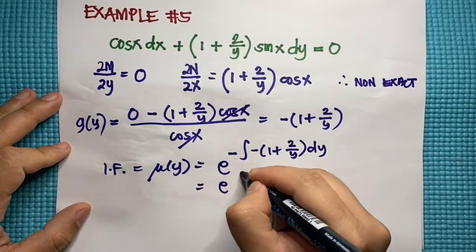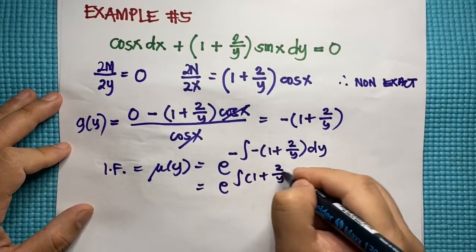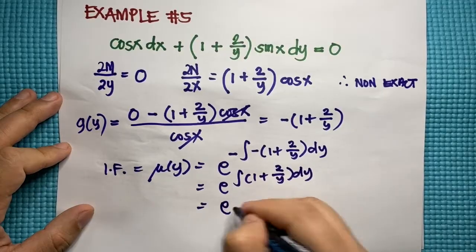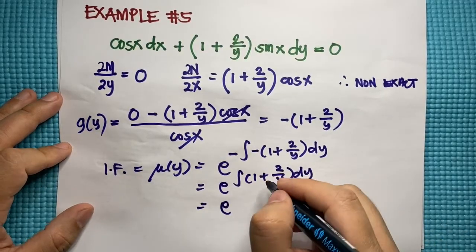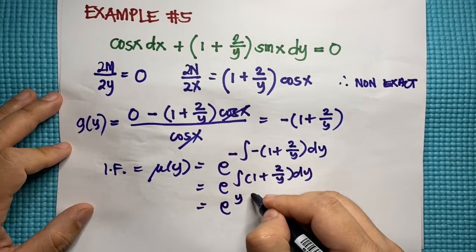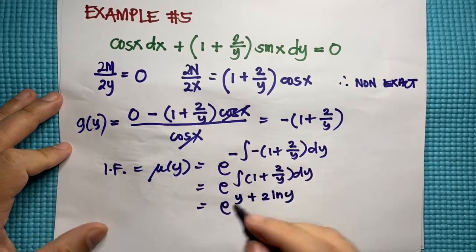So e then would be the integral of 1 plus 2 over y dy, which is equal to e to the integral of dy, which is y, plus 2 ln y.